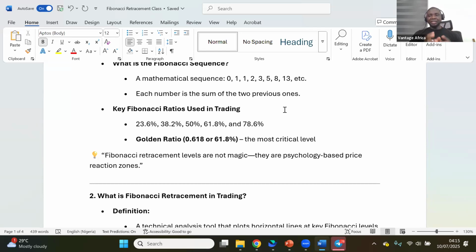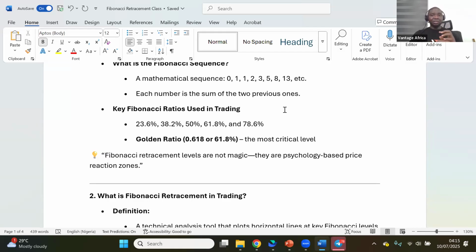It's that area that gives you a strong level of confidence. When you see your price at the 61.8 Fibonacci level, your confidence is high as to what price is about to do going forward. Right? So Fibonacci levels are not magic.